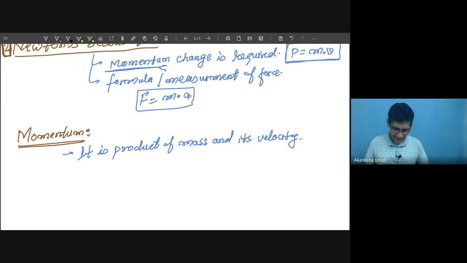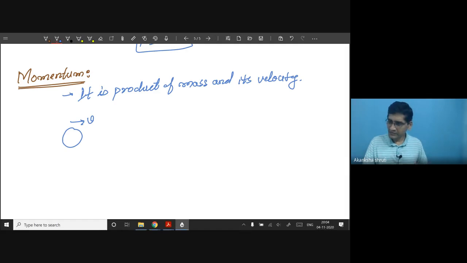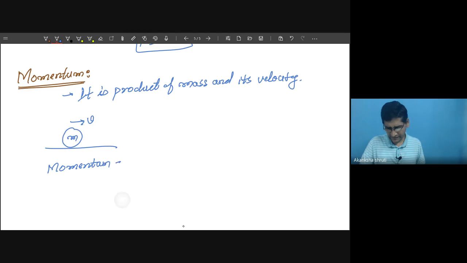Say a body is moving with some velocity v. V is a vector quantity. It has some mass. If we take the product of this mass and velocity, we get the quantity called momentum. So momentum is given by mass into velocity.